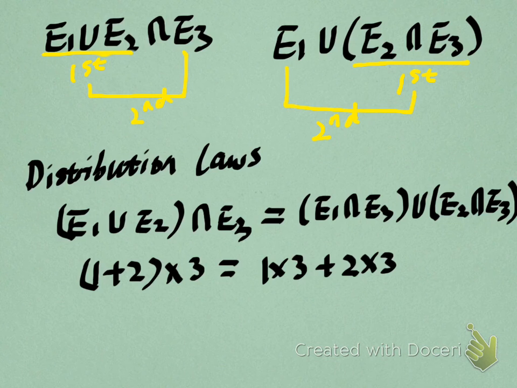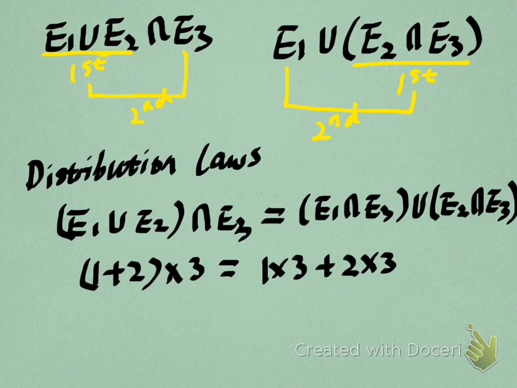So for sets, this is very similar. We also distribute the intersection to the part inside the parentheses. That's why on the right-hand side, we have E1 intersection E3, parentheses, and then union the result of E2 intersection E3. So this is our distribution.